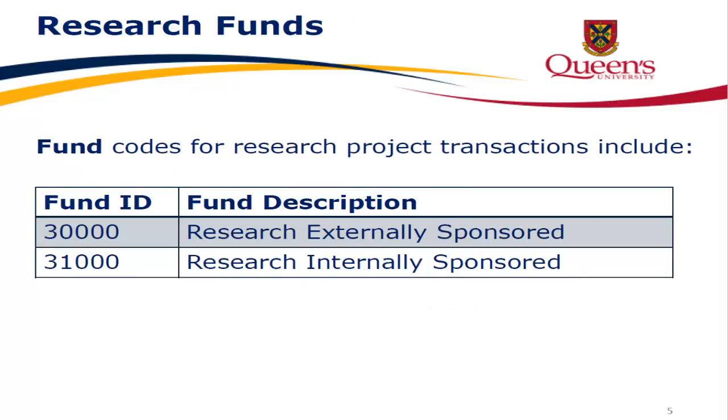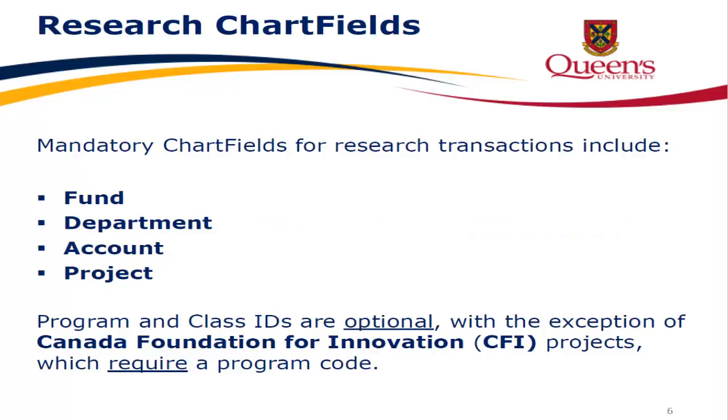Fund codes are used to determine whether the project is externally funded or internally funded. Fund code 30,000 is used for externally funded research, and Fund code 31,000 is used for internally funded research. Mandatory chart fields for research transactions include fund, department, account, and project.